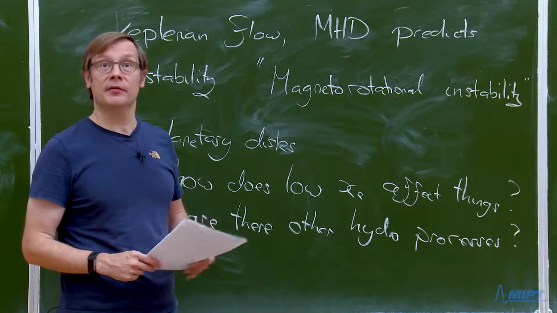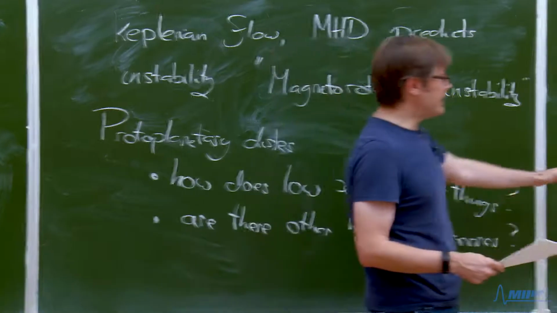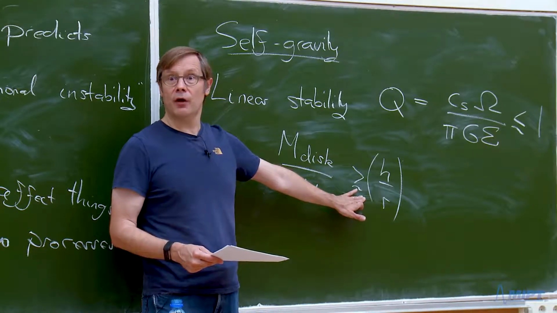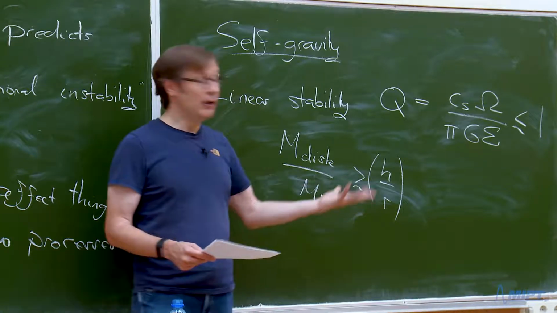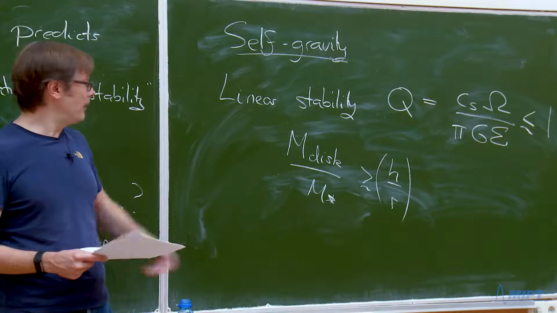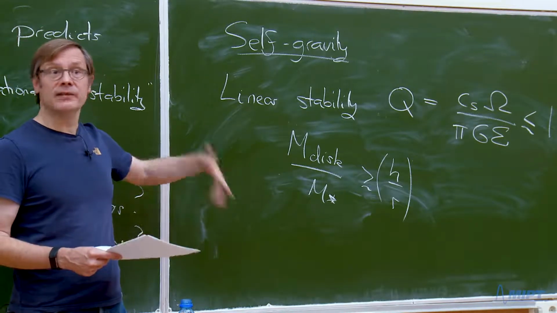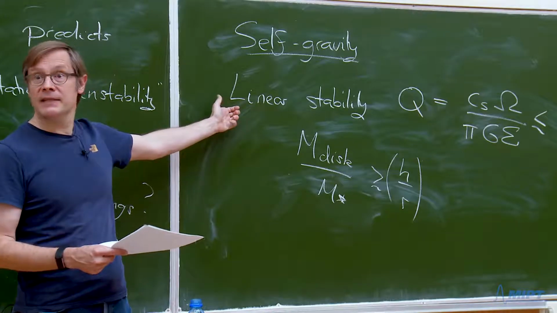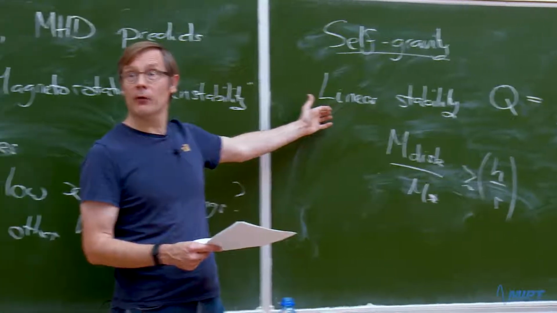What you require is that the disk mass relative to the stellar mass exceed the thickness of the disk in terms of h over r. Okay. So if we have a disk where h over r is 0.05, which might be a fairly reasonable number, we would need the disk mass to be sort of 5% of the stellar mass for us to have an expectation that self-gravity might be playing a role in the flow.